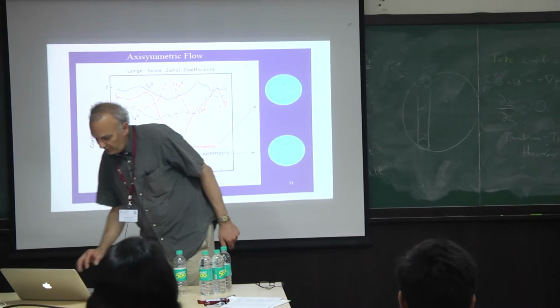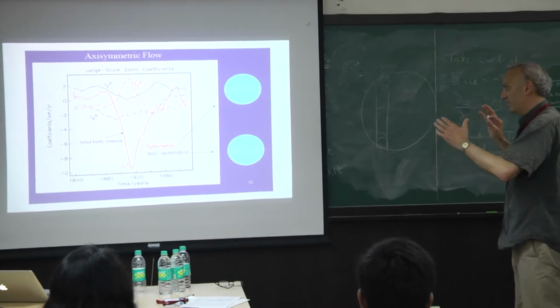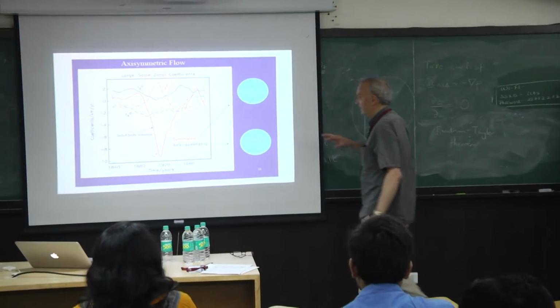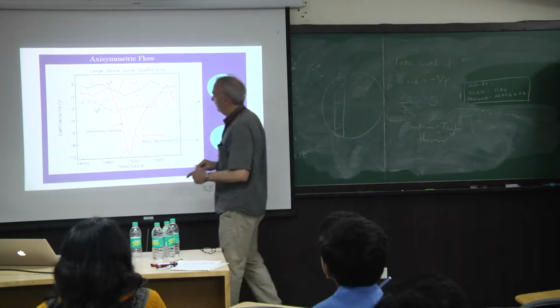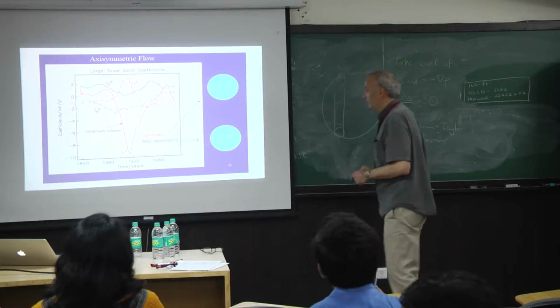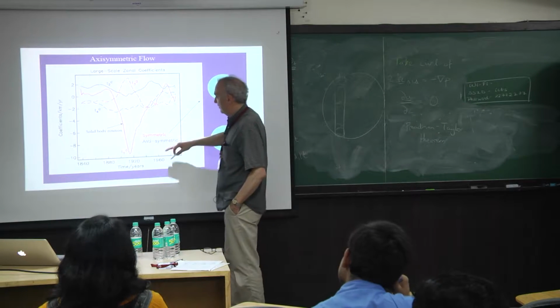Okay, so now, if you look at the way that the large-scale zonal coefficients vary in time, so these are the coefficients that are capable of carrying angular momentum, I've plotted the first 4 zonal coefficients.